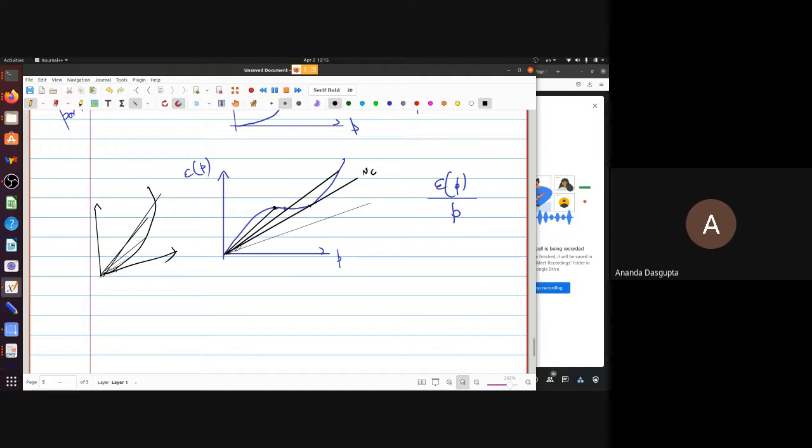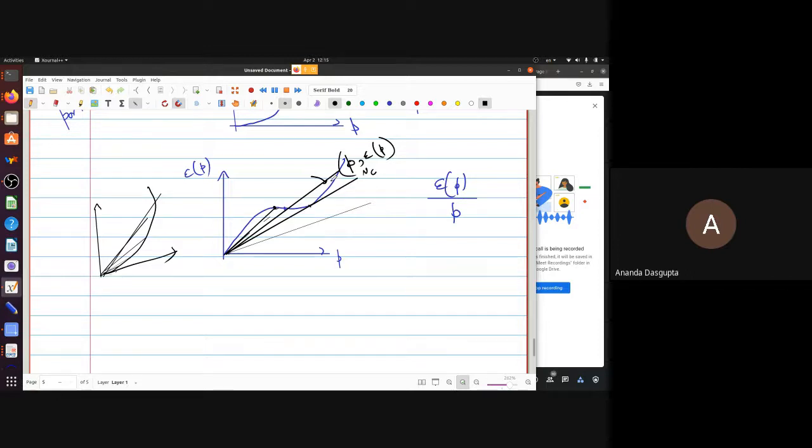Is this idea okay, that epsilon p by p, this point has coordinates p and epsilon p, right? The ratio of the two is nothing but y by x for this point, which is the slope of this line. You're just looking for the minimum such slope, so you think of turning this line like this until it just touches the curve.